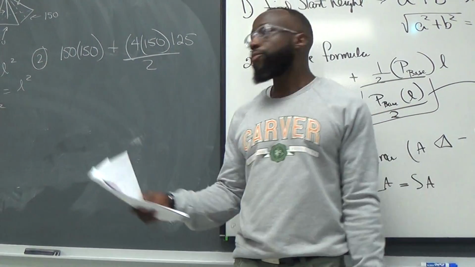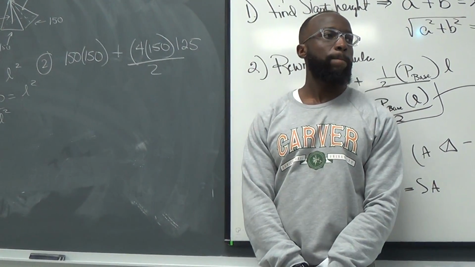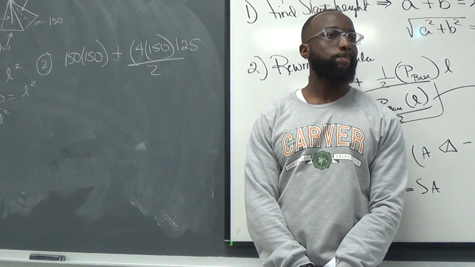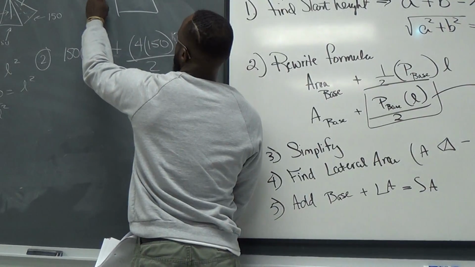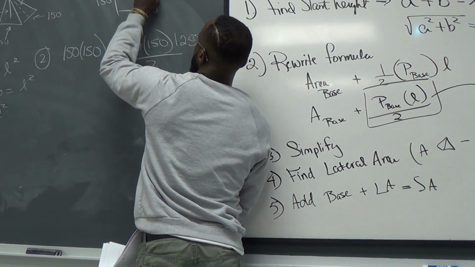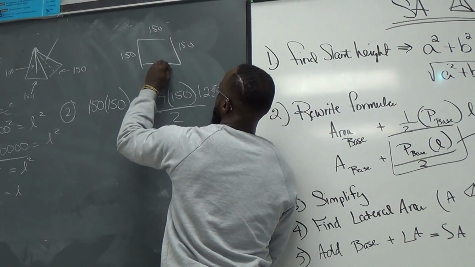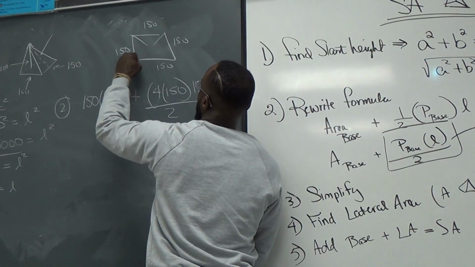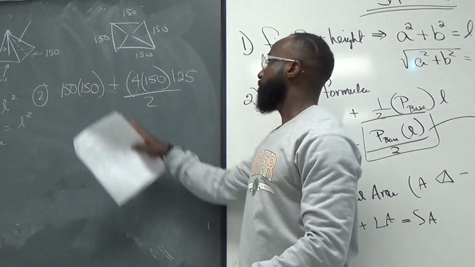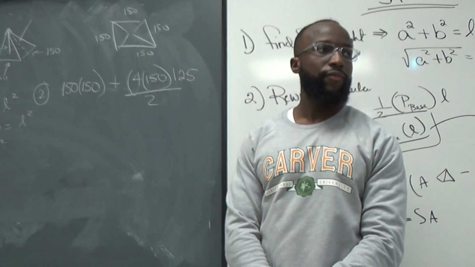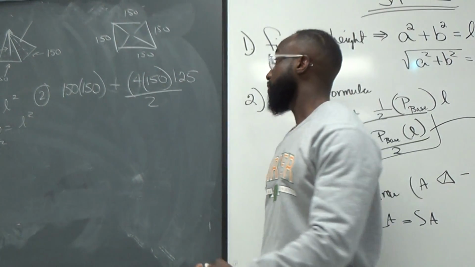Where do I get 4 from? It's the side of the base. Yeah, because the base of our pyramid is 150, 150, 150, 150, right? We have 4 150s, so 4 times 150 is going to give us the perimeter of our base.